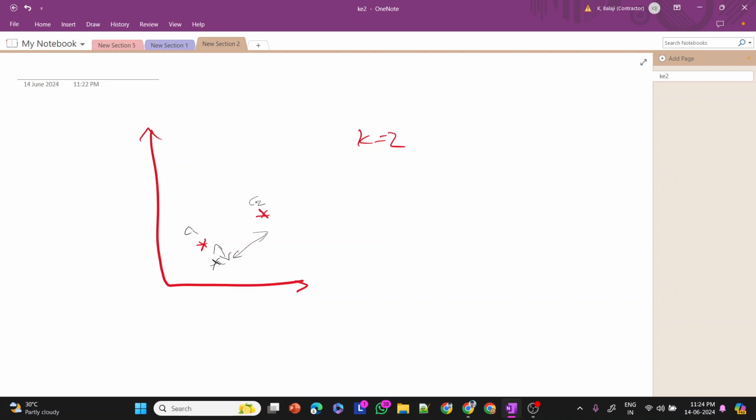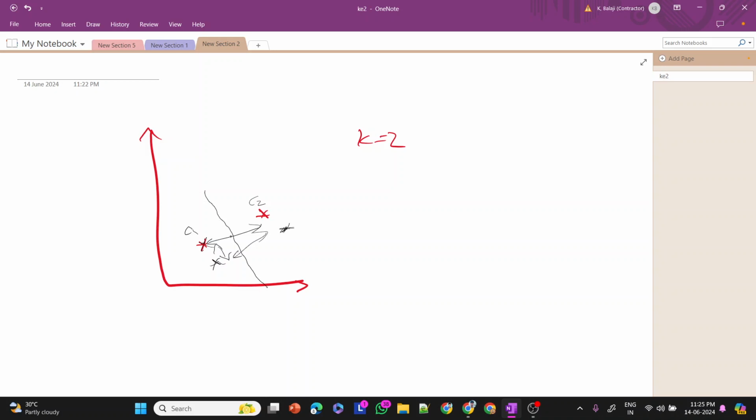Like this, it will take another point, compare the distance between these two centroids, and consider which cluster the point belongs to. Initially it will fix two points and find the distance between them, and make another line.